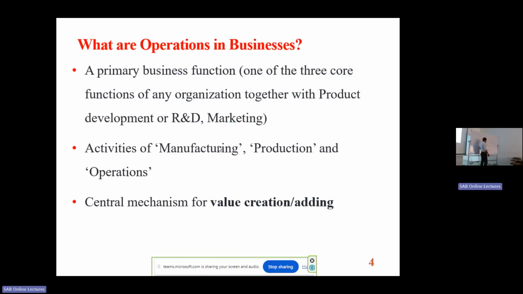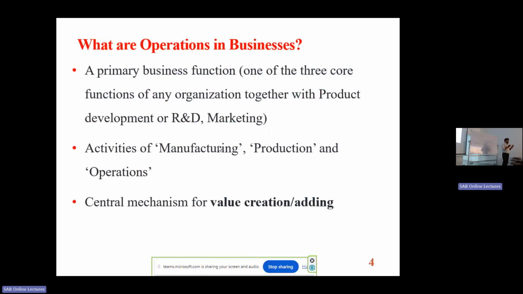So higher value, lower cost. It's a winning formula. A business can compete better with other firms and be successful. Higher value at low cost, I mean appropriate cost, through higher efficiency, higher productivity. That is the target.